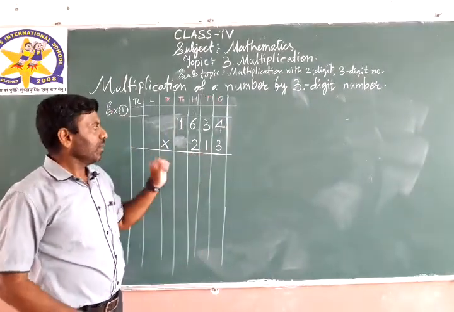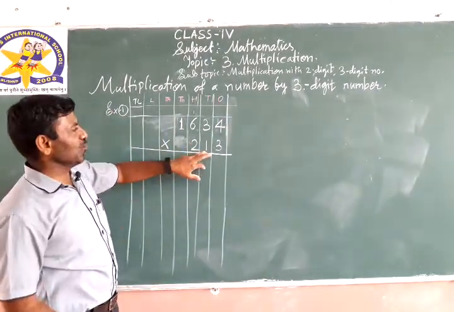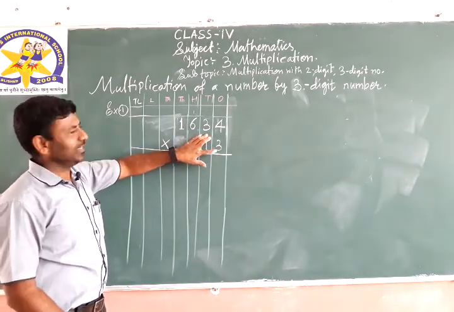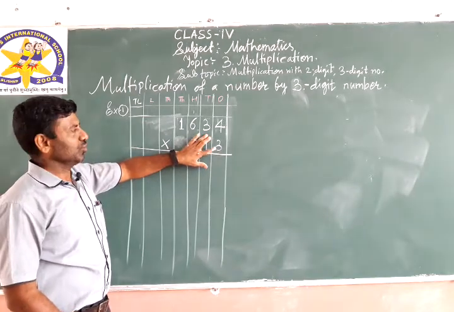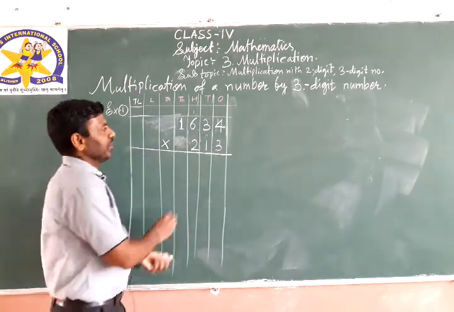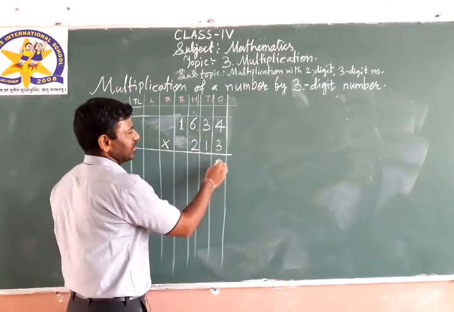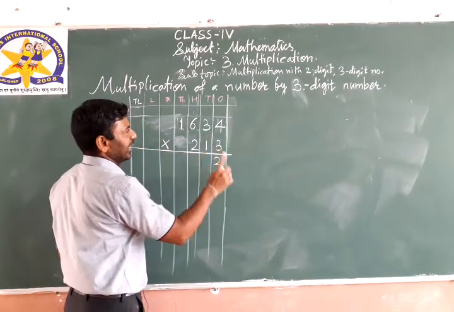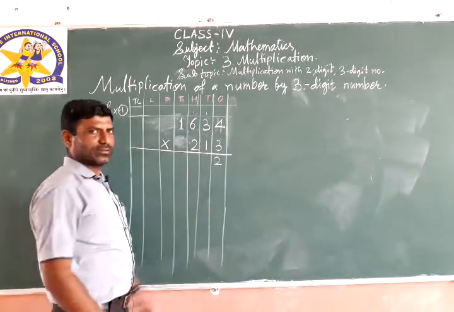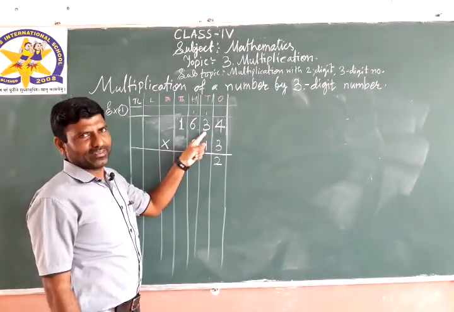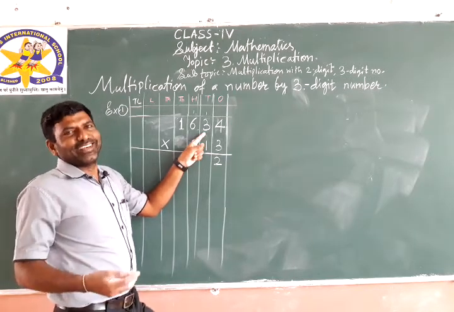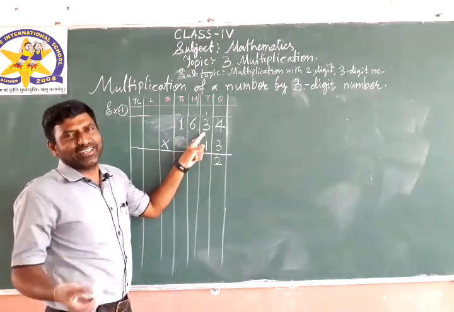See, first forget that this 2 1 is a 2-digit number. Focus on the ones place digit, which is 3, so focus on 3 only. So first we will multiply by 3. 3 4s are 12, 2 carry 1, then 3 3s are 9. Don't say 3 3s are 6 because we are habitual. 3 3s are 3 plus 3, 6.